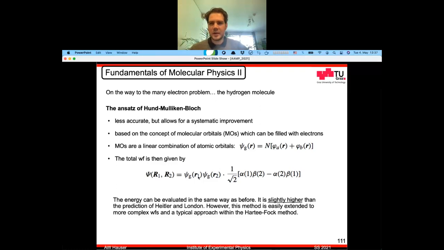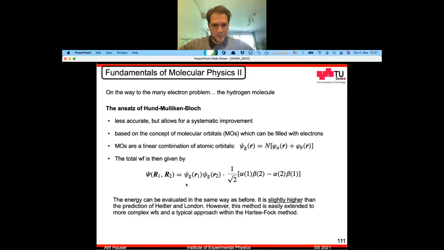So it's just using this idea as we see it as the real analytical solutions for the atomic system, for the electron in the field of the nucleus, where we have all these eigenfunctions with 1s, 2s, 2p, and so on. We use this concept and also apply it to our molecular system.